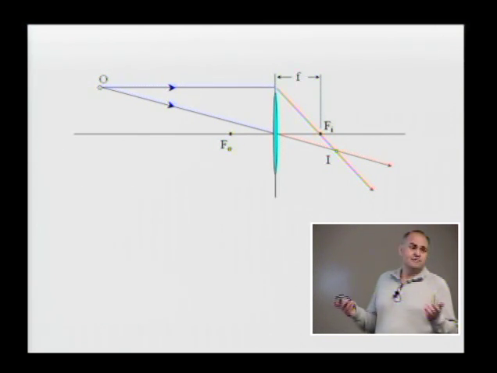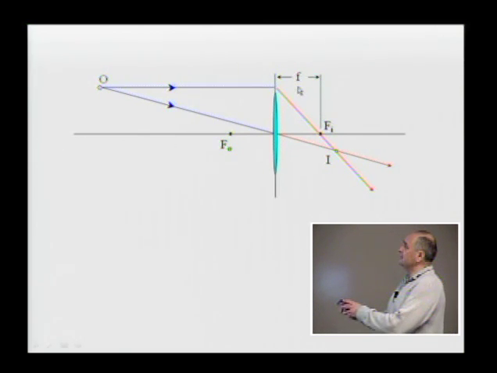Now let's derive it. Let's say the focal distance from the focal point to the lens identifies the focal length, and it doesn't matter which focal point I choose.